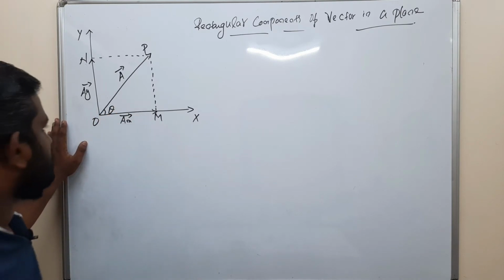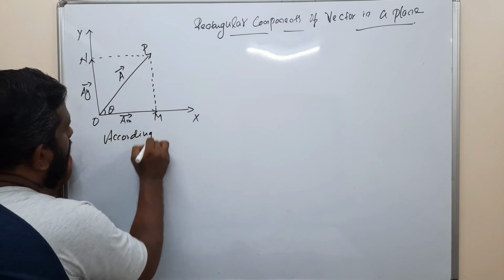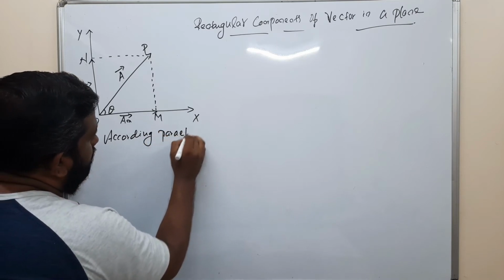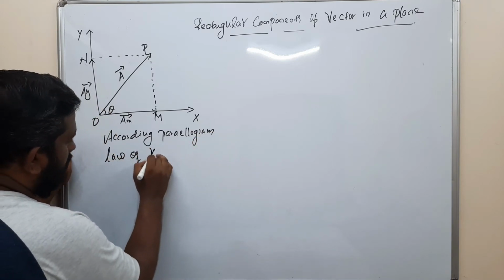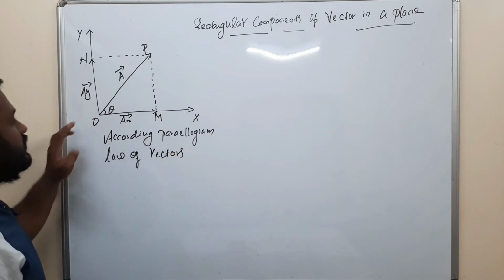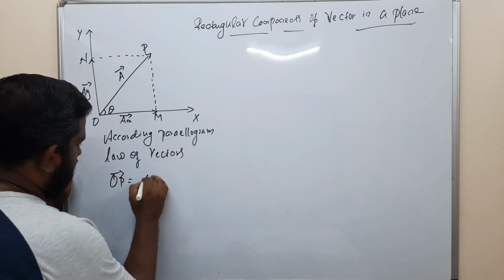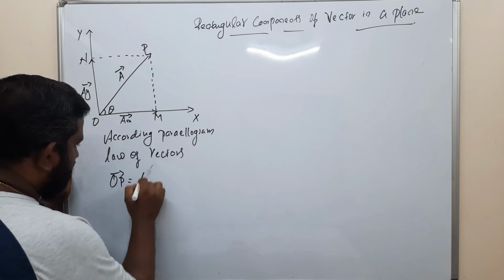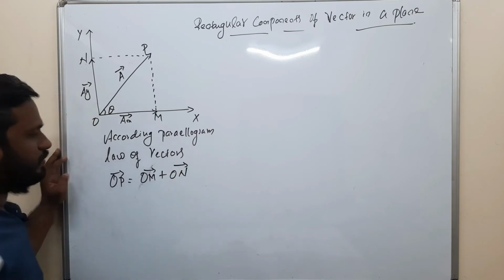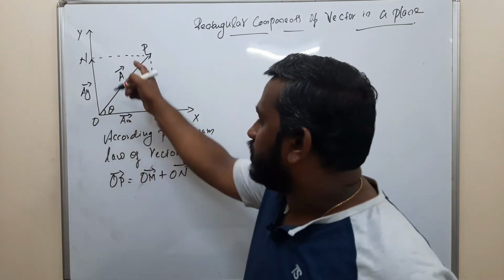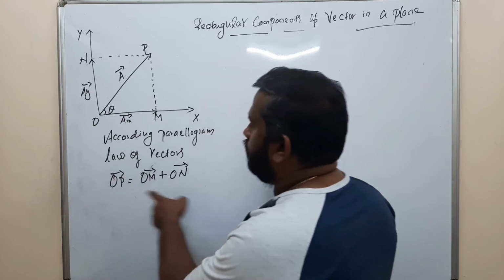According to the parallelogram law of vectors, which we have already studied, OP vector is equal to OM vector plus ON vector.